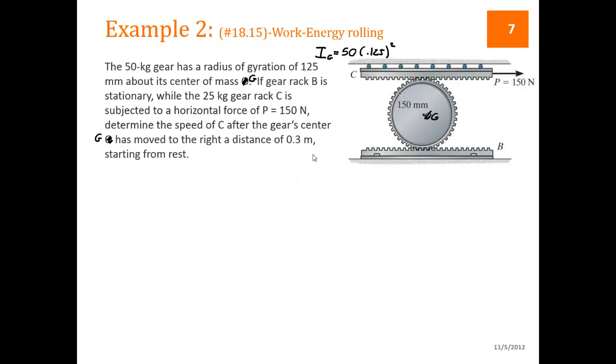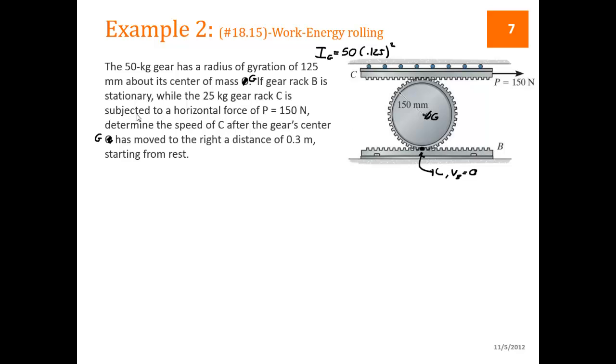Then we can look at the rest of this. If the gear track B is stationary, the contact point at the bottom is our IC, because VB is always 0. The gear is meshed with that track, so that point is not moving. So that's our IC.